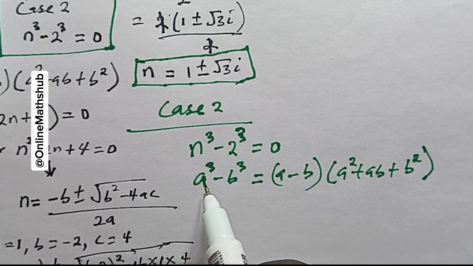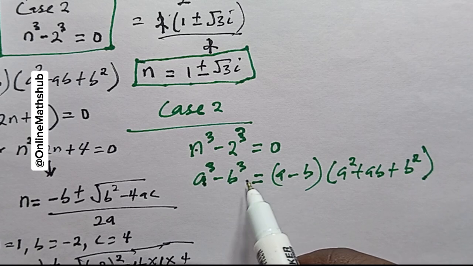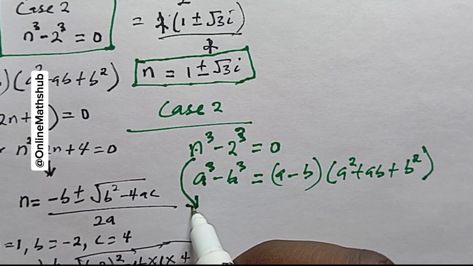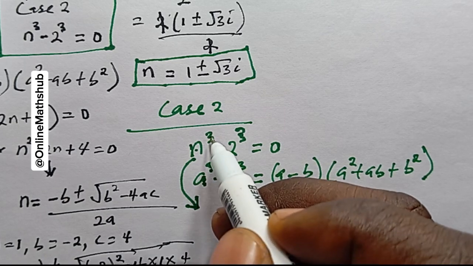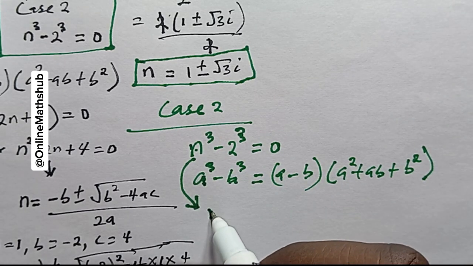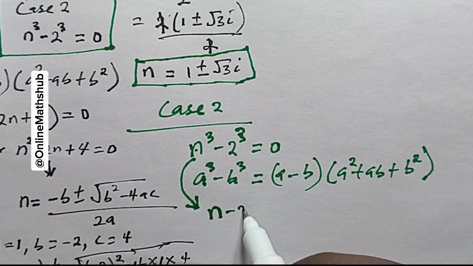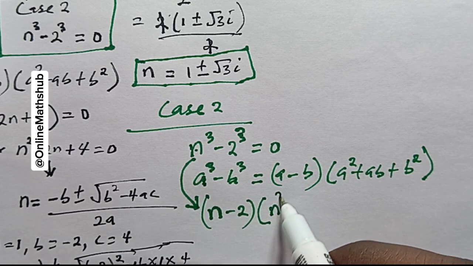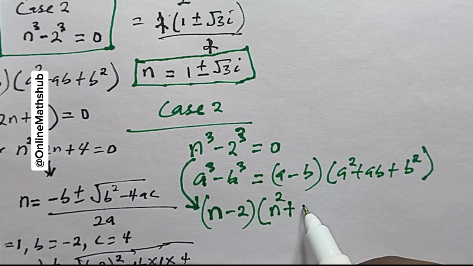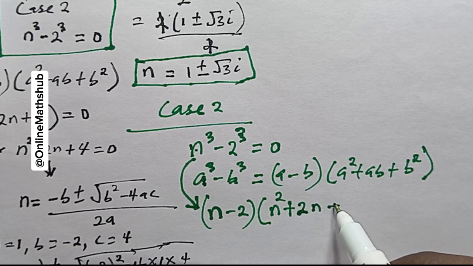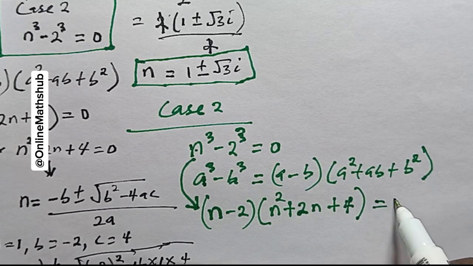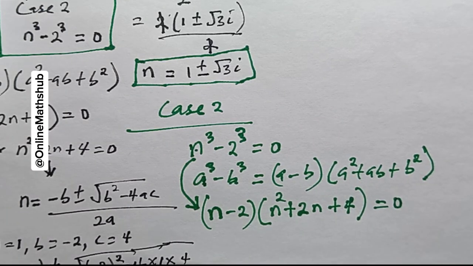In this case, our a is equal to n and our b is equal to 2. So if we apply this rule, this will change to n minus 2 multiplied by n squared plus 2n, plus 2 squared, which is equal to 4, and of course this is equal to 0.